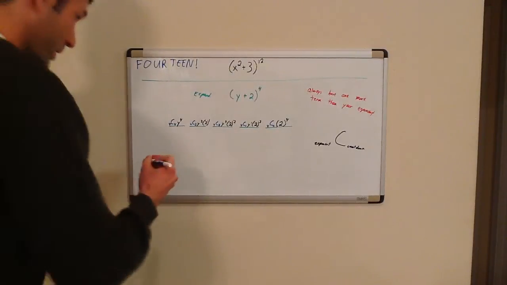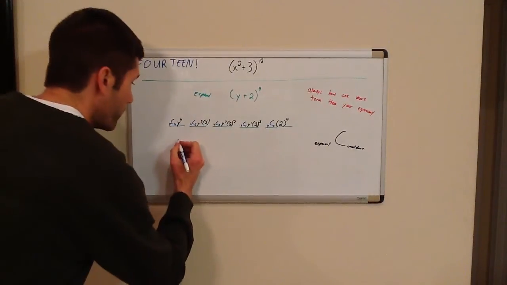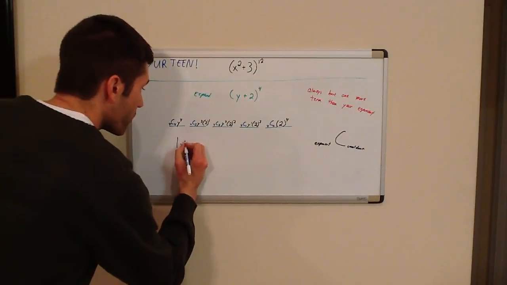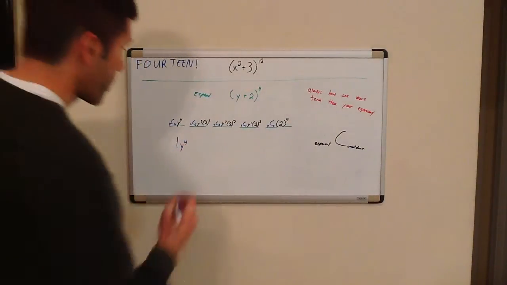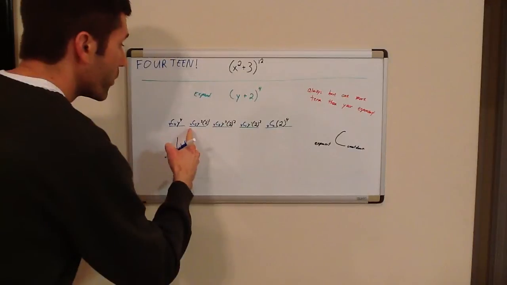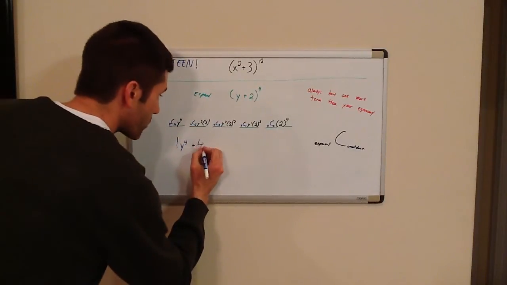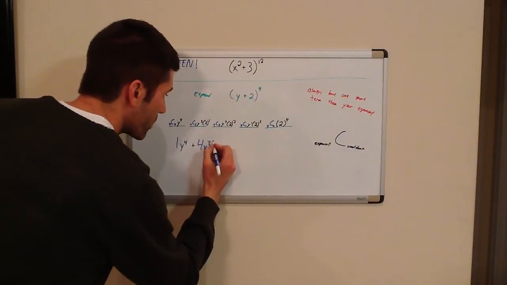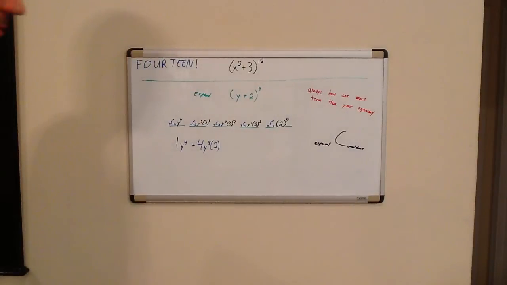Okay, I'm going to spare you the trouble of typing all this in your calculator, and I'll go ahead and tell you what it is. 4C4 is 1, y to the 4th. Okay, first term is taken care of. 4C3 is 4, y cubed, and we're going to multiply it by 2.